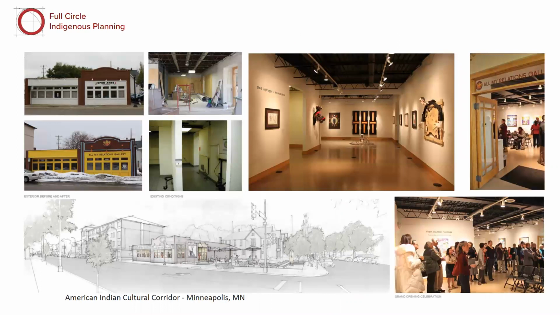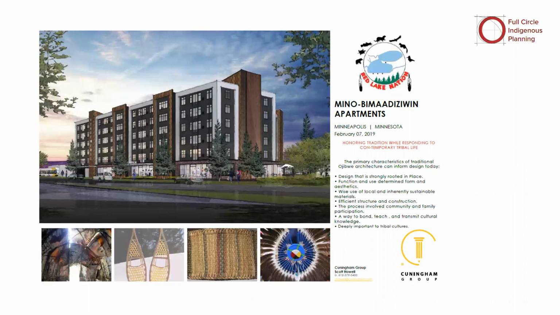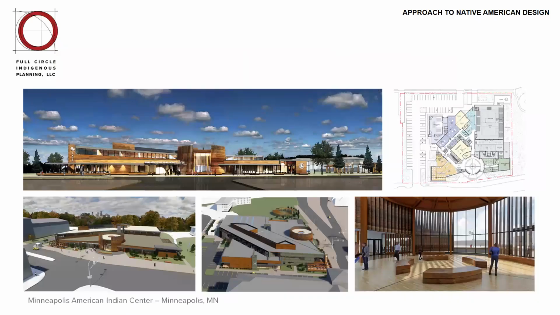Out of this study, we bought as a community an old food shelf and converted it into a contemporary arts gallery where community happens. We've developed affordable housing. We are renovating the Minneapolis American Indian Center.